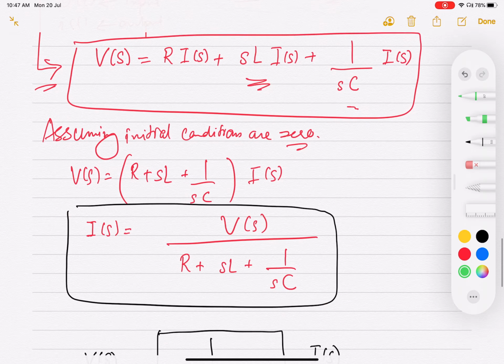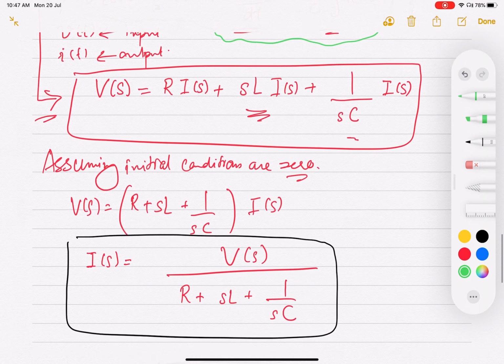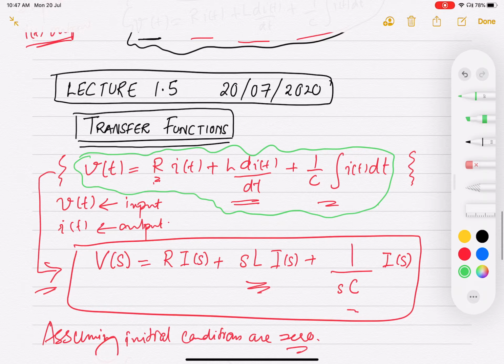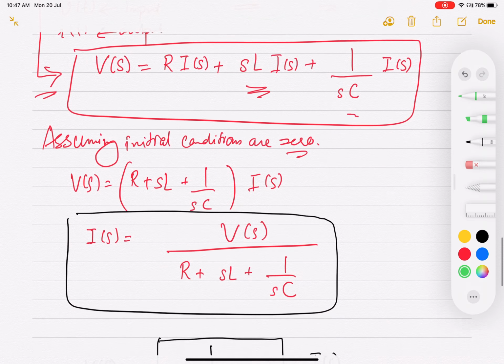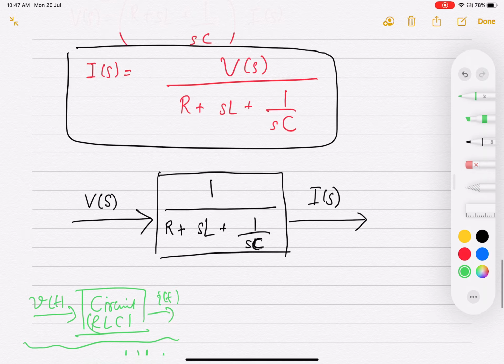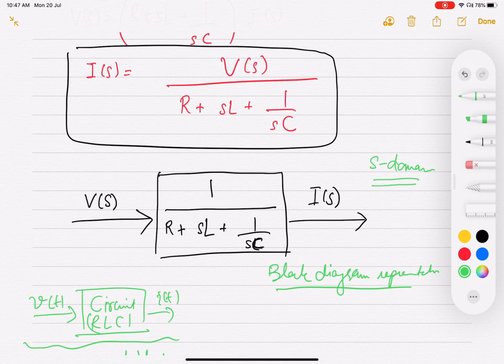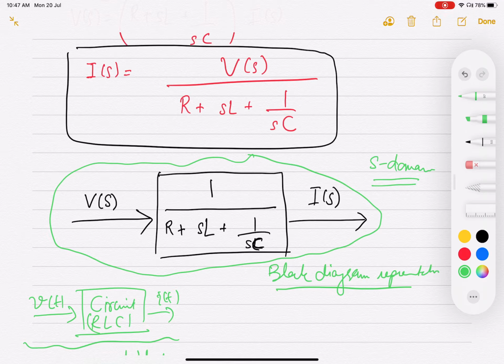Then we used these first principle equations to write down this block diagram representation. We drew this block diagram in the s domain, not in the time domain. Nevertheless, we have a representation which is very convenient.